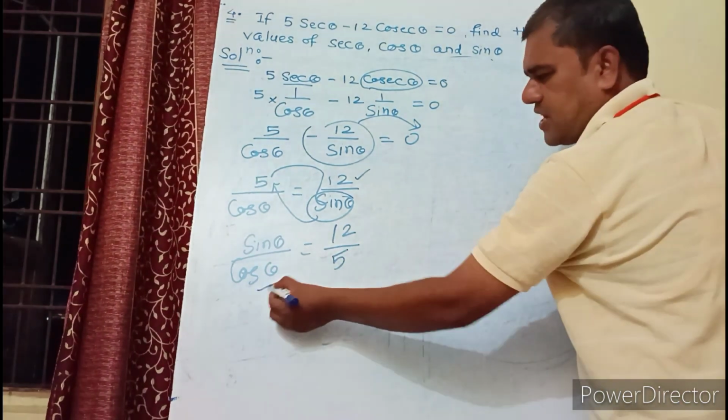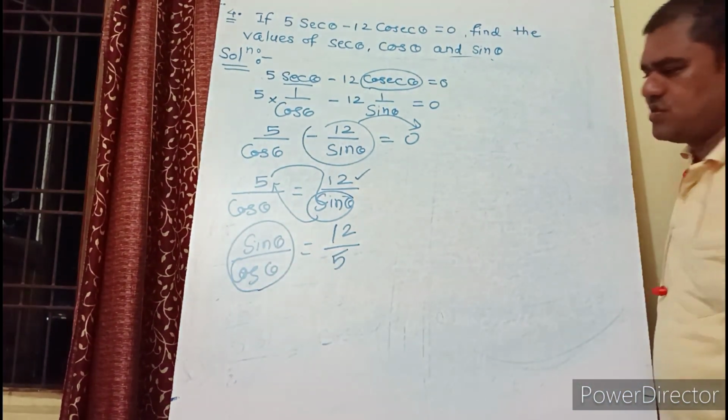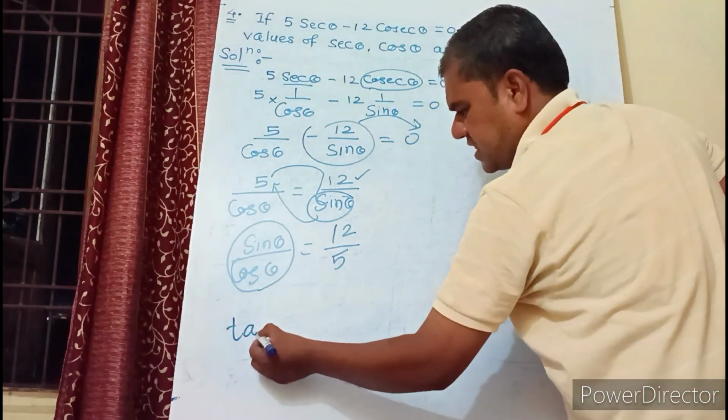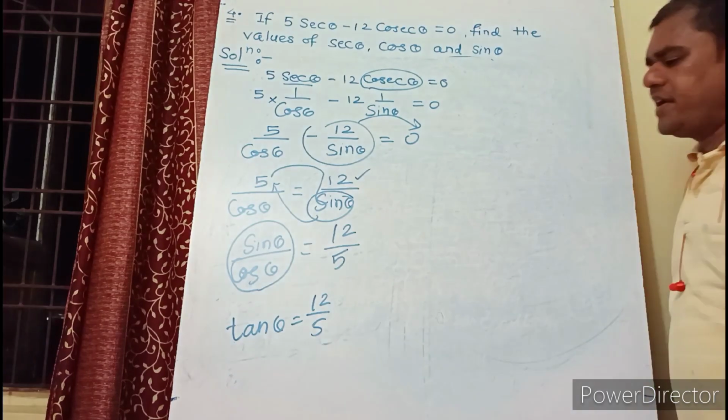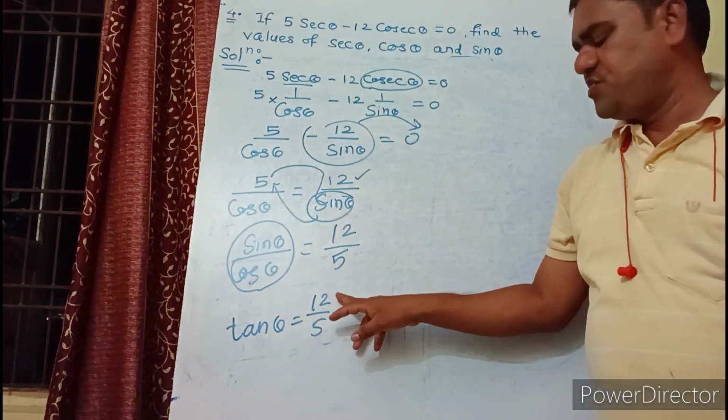We know the relation that sin theta by cos theta is equal to tan theta, that is tan theta is equal to 12 by 5. We get the value of tan theta, that is 12 by 5.